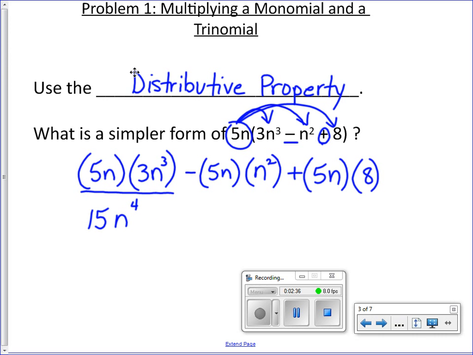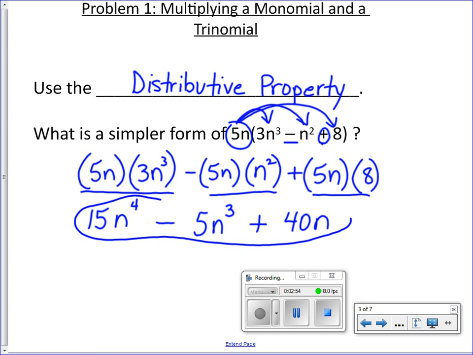Minus 5n times n squared would be 5n cubed. And 5n times 8 is 40n. Because we cannot combine any of these terms since they are not like terms, that is our answer: 15n to the 4th minus 5n cubed plus 40n.